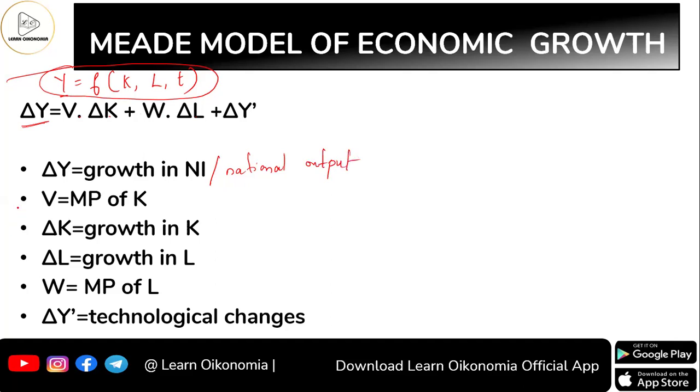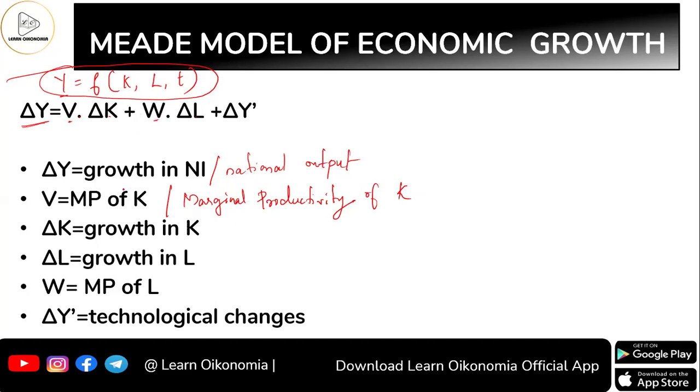Now coming to V. V here stands for MP of K, or marginal productivity of capital. Now, what about W here?